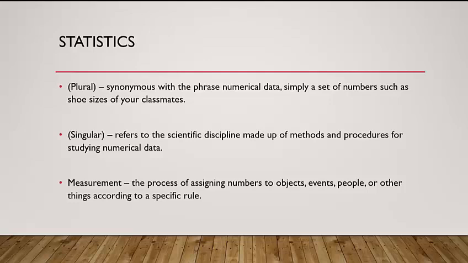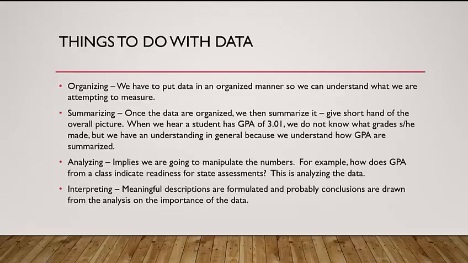And we're going to talk about other ways that we can quantify things with numbers like eye color or your gender, those kinds of things. So we'll get into that too, and how we use that when we're dealing in measurements. So measurement is simply the process of assigning numbers to objects, events, people, or other things according to the rules that we will create.